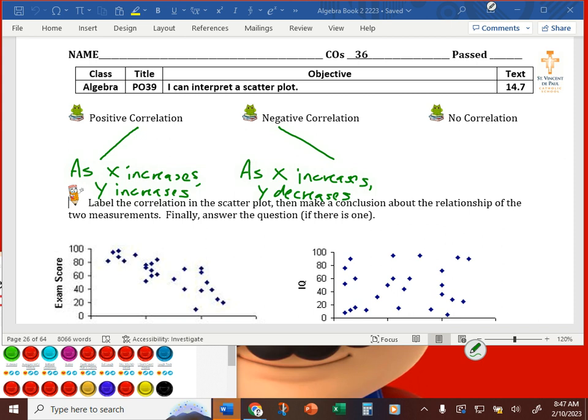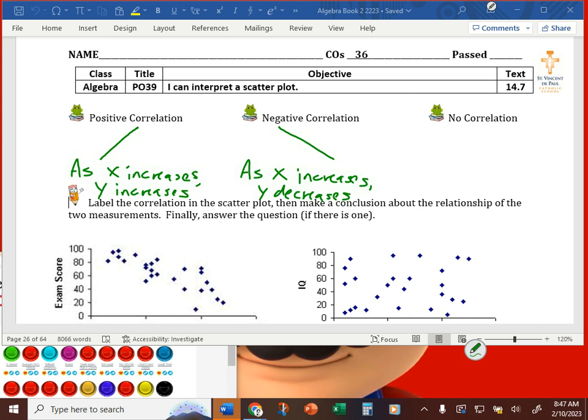And then no correlation. Take a look at the scatter plot right below there, IQ, and I think the x-axis is shoe size. But if people have an IQ of 5. Yeah, I was about to say. That would be very good. Obviously, this was just made to show what a no correlation scatter plot would look like.